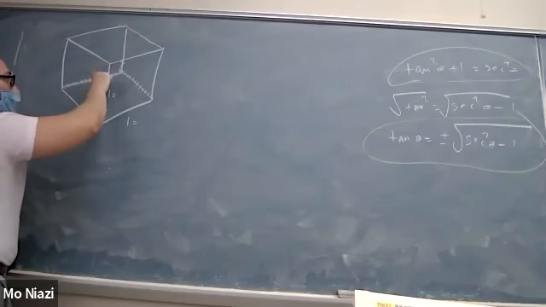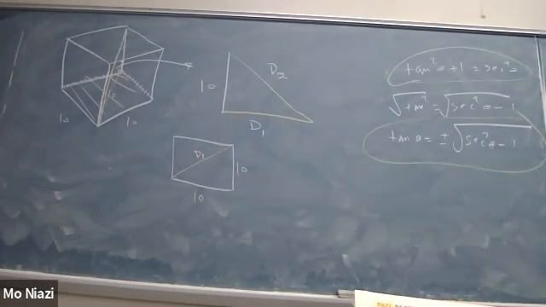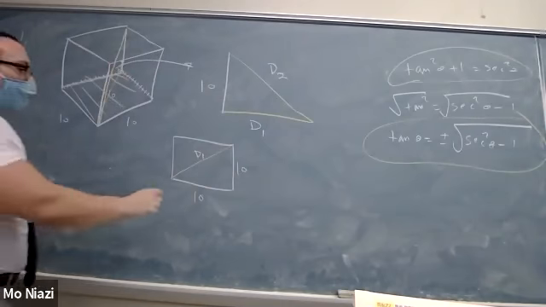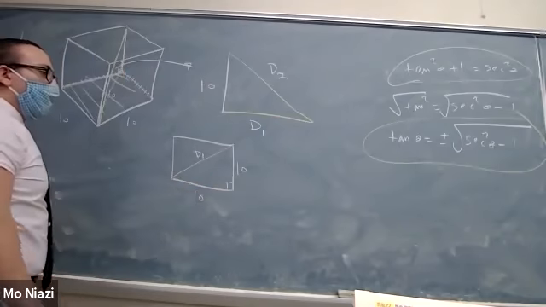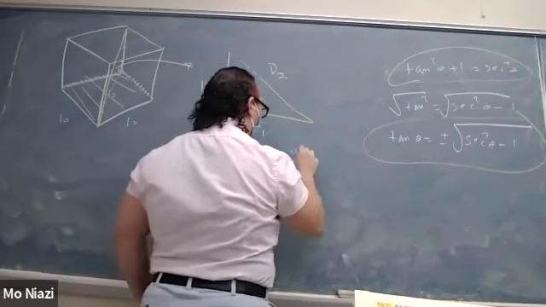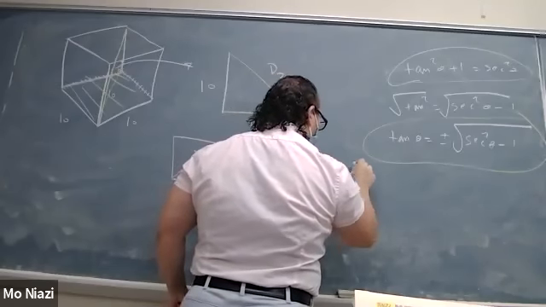So taking this part of the cube, it's a square, right? So this is what we have. This is 10 by 10, and this is diagonal 1. This is at the base of the cube. So we can find diagonal 1 using what? Because this forms a right triangle. D1 squared is equal to 10 squared. Correct.